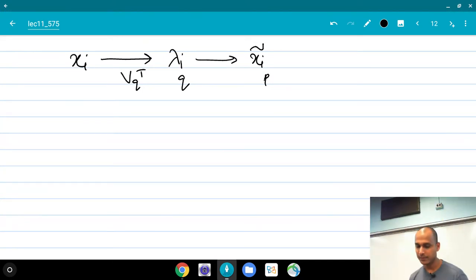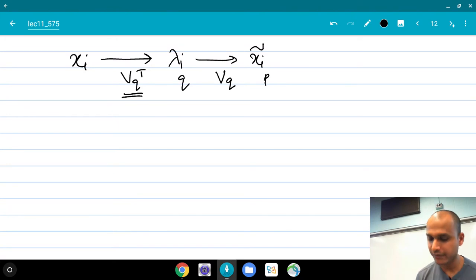Because V_Q transpose has orthogonal rows, or V_Q has orthogonal columns, I can use V_Q as a way to go from the Q dimensional space to the P dimensional space. So I want to find V_Q. That's my goal from a dimensional reduction perspective.